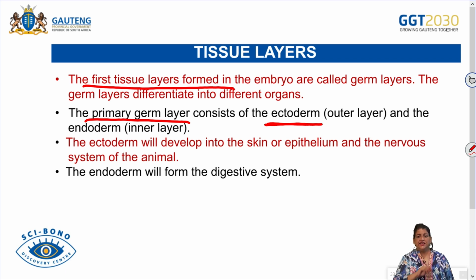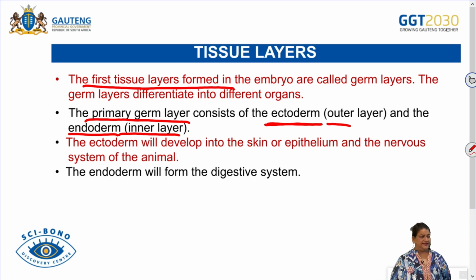So the first layer of cells forms your ectoderm tissue. That's your outer layer. Ecto means outer. Then the second layer of cells, which form the next tissue, the inner layer will be the endoderm. So endo means inside.